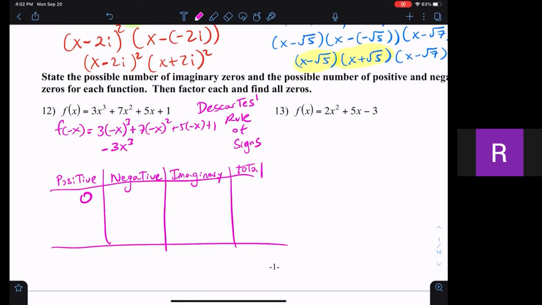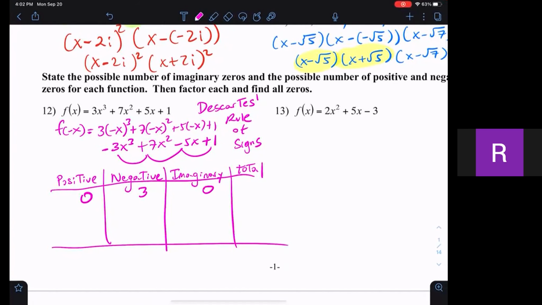This is going to be positive 7x squared, then negative 5x, and plus 1. So 1 sign change, 2 sign changes, 3 sign changes. So there are going to be 3 negatives, and if there are 3 solutions, then the imaginary should be 0, right? And the total should be 3, right?